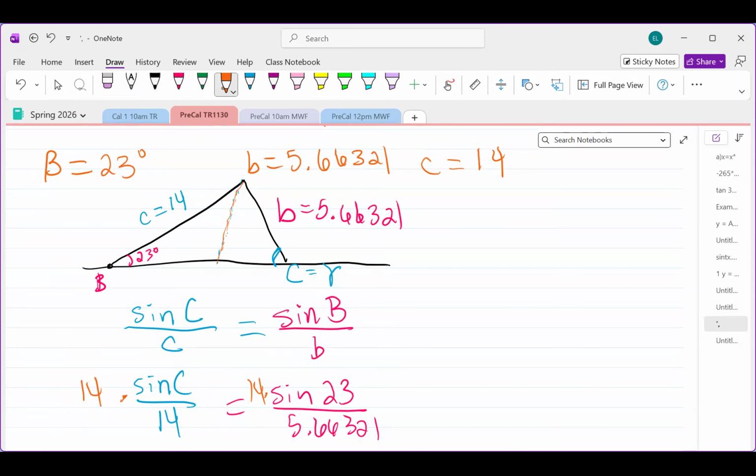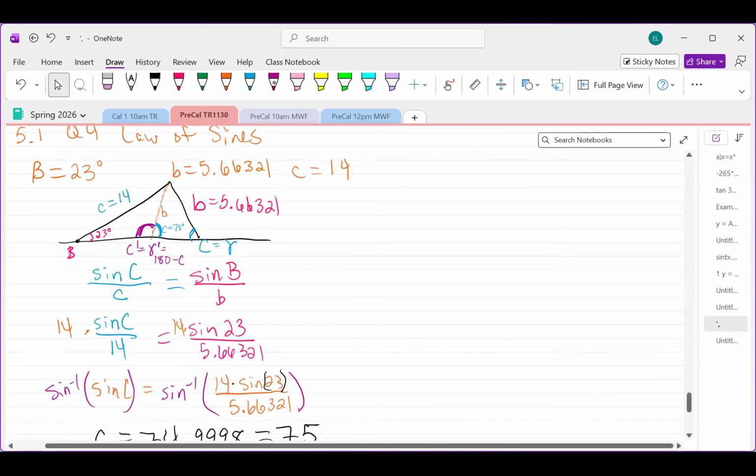So that line there is still side B. So this angle here is also equal to the 75 degrees we calculated for original angle C. So our new C prime or gamma prime angle is going to be 180 minus C. So that's our first calculation for the prime triangle.